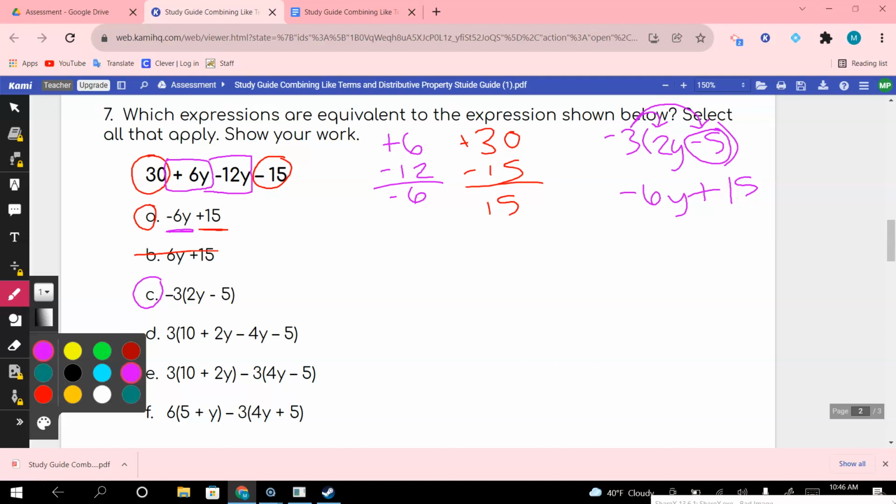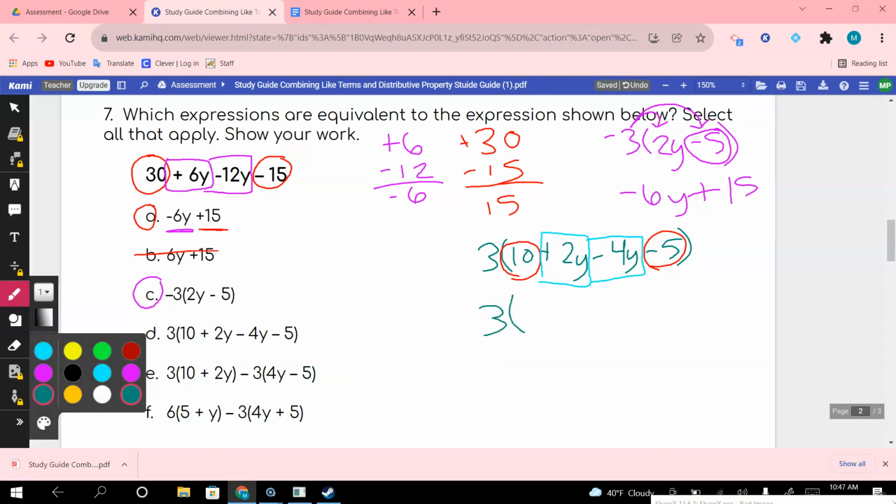So let's look at D. We can do 3 times 10 plus 2y minus 4y minus 5. So we actually can do some of the stuff that's in the parentheses, so let's do that since that's what we're more used to. So we have our positive 10 and our -5 that we can put together. And then we have positive 2y and -4y.